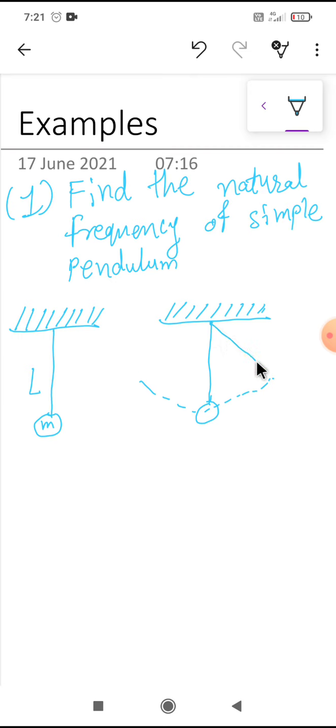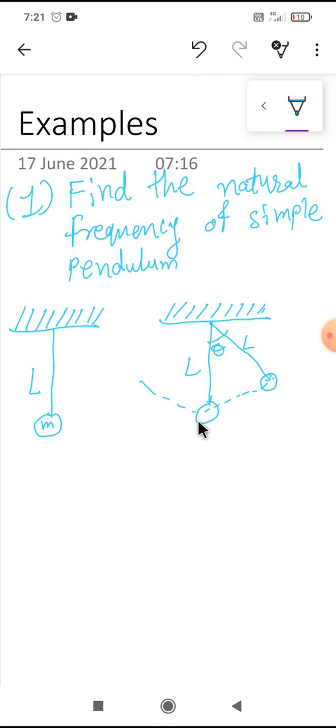Suppose this extreme position makes an angle theta towards the right, and the length of the string is L. So this length will also be equal to L.